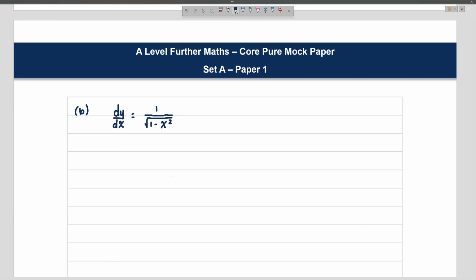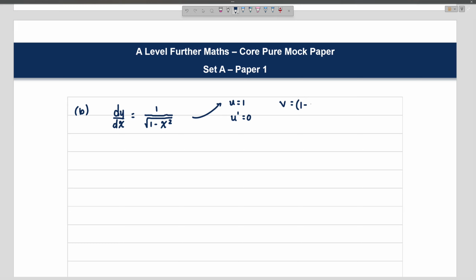Okay. So for the second derivative here, right, we do require the use of the quotient rule. So let's make a note here that u is equal to 1. In that case, then u prime is simply 0. v here, that is my denominator. So that is 1 minus x squared all to the power of a half because it's the square root of 1 minus x squared.